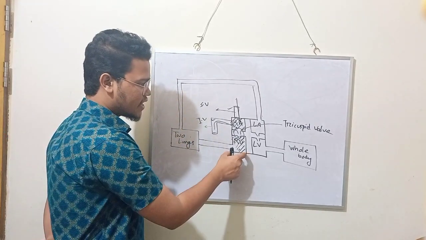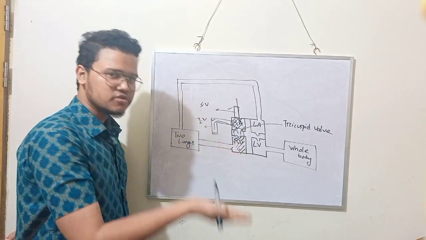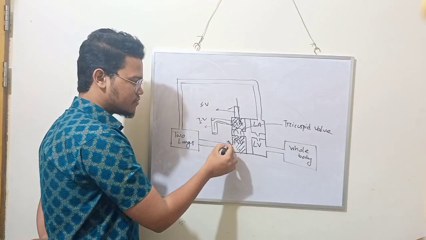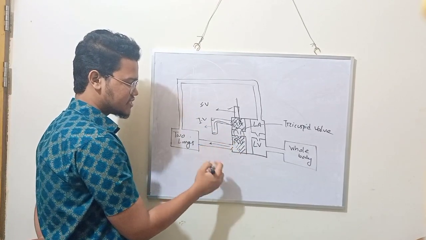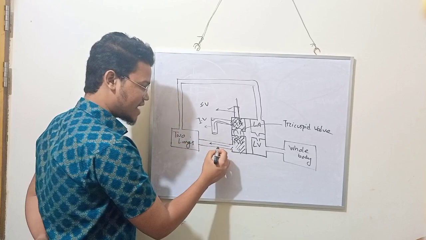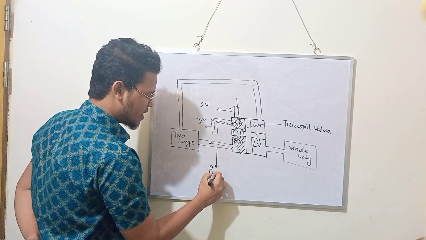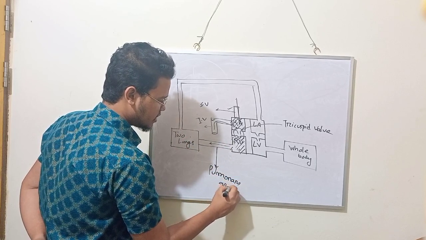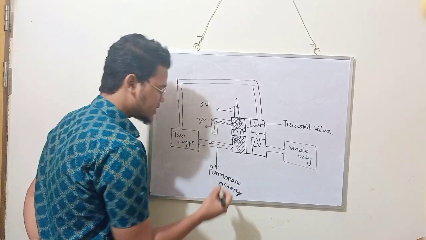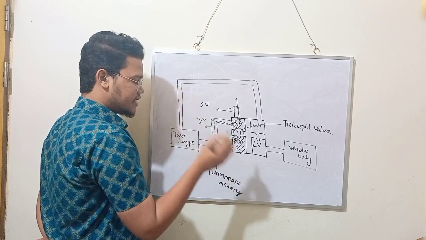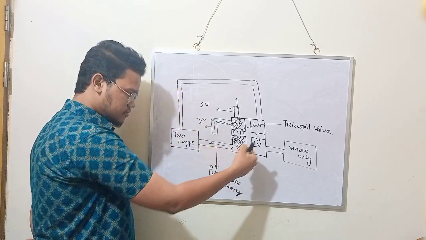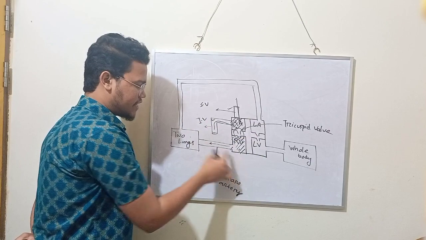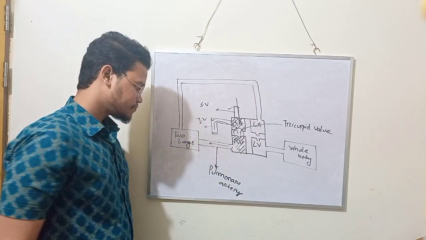The name of that vessel is the pulmonary artery, and this pulmonary artery is responsible for carrying the blood from the right ventricle to the lungs.